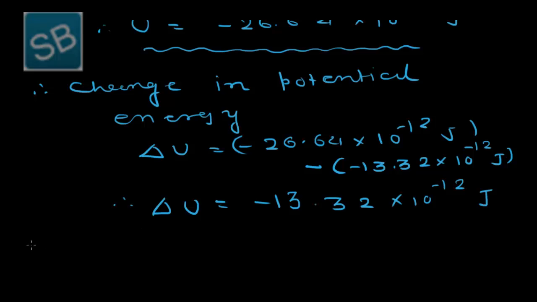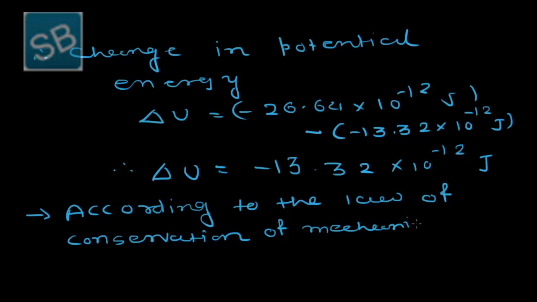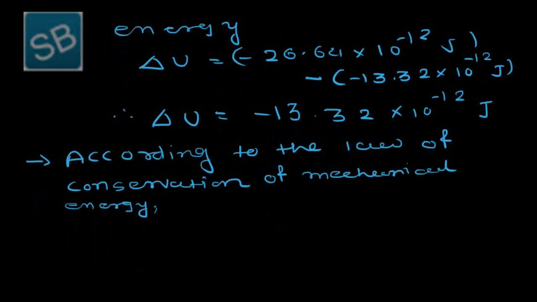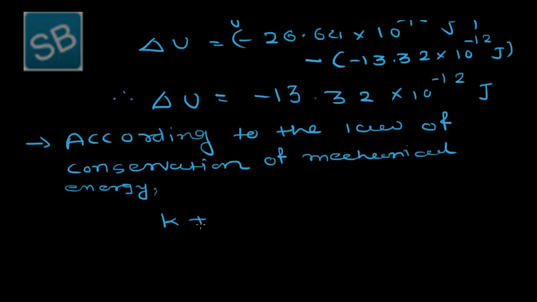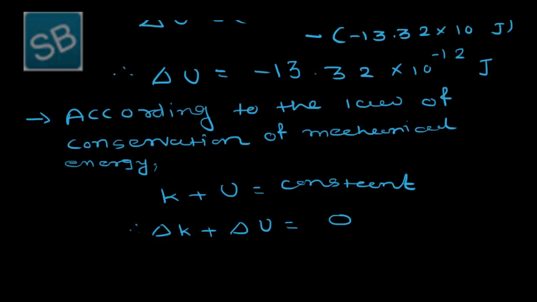Now, according to the law of conservation of mechanical energy, K plus U, the total energy, should be constant, and therefore delta K plus delta U, the change in kinetic energy as well as the change in potential energy, should be 0, and from this the change in kinetic energy can be obtained.